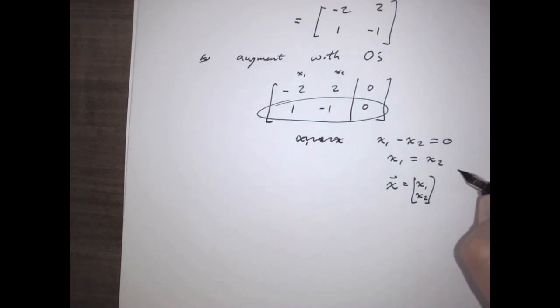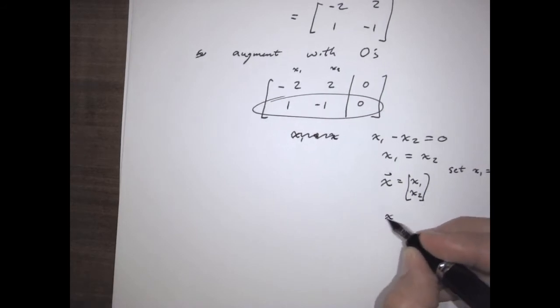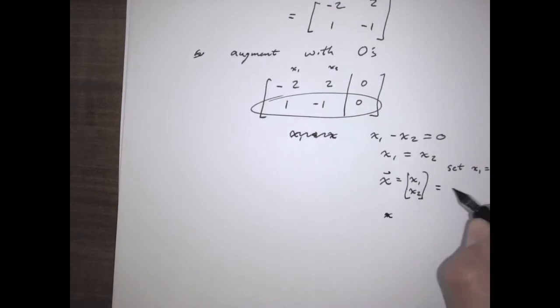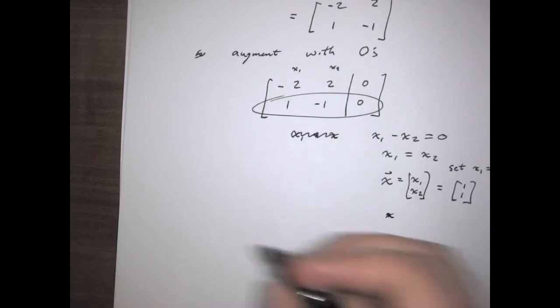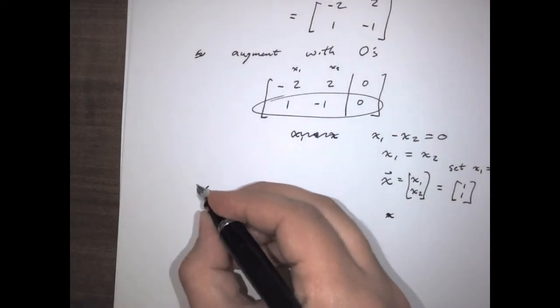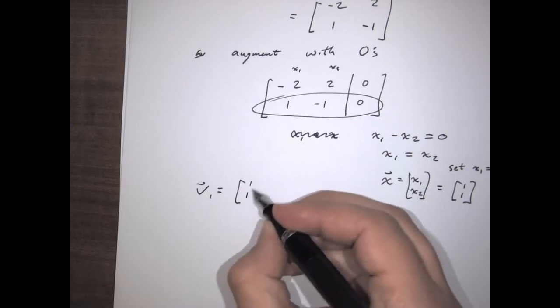So we can set x1 equals x2 equals just 1. So then x will just equal 1, 1. So 1, 1 will be an eigenvector. So v1 will be 1, 1.